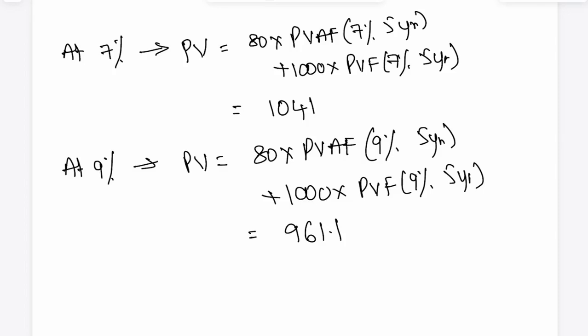But लिख लिए पूरे values. At 7% it is 1041. At 9% it is 961.1 rupee. Any doubt in this?